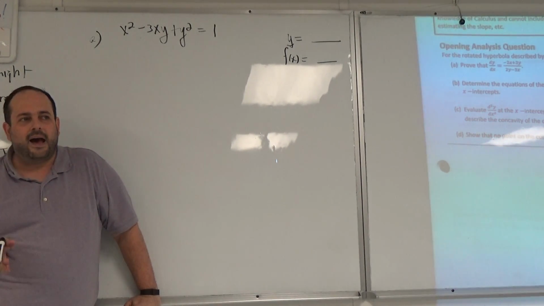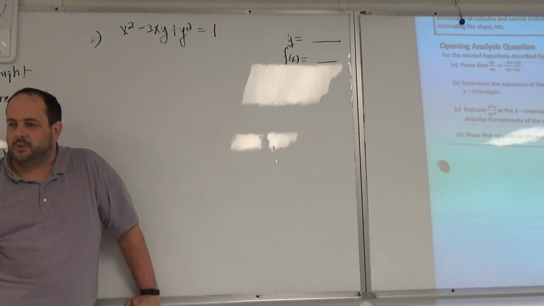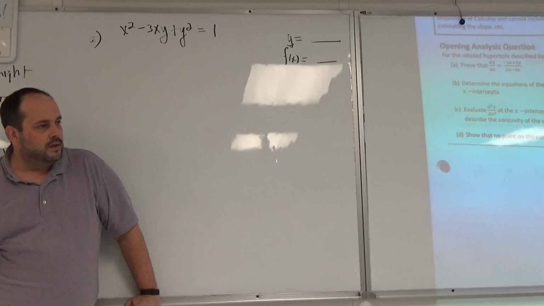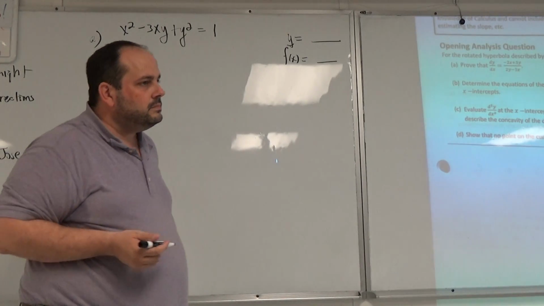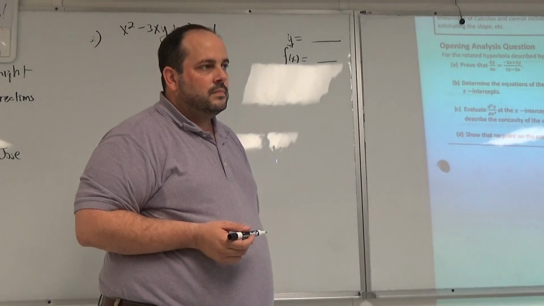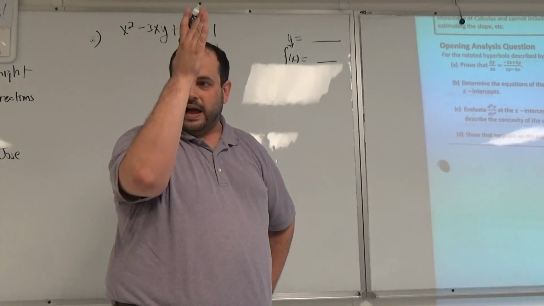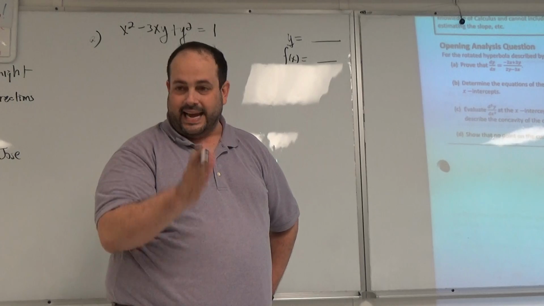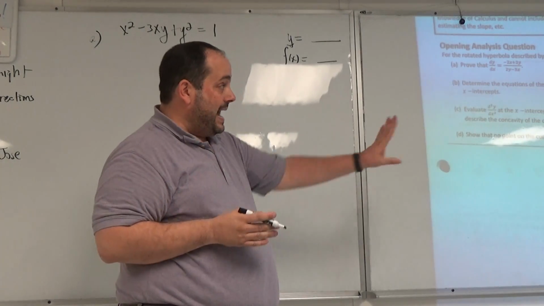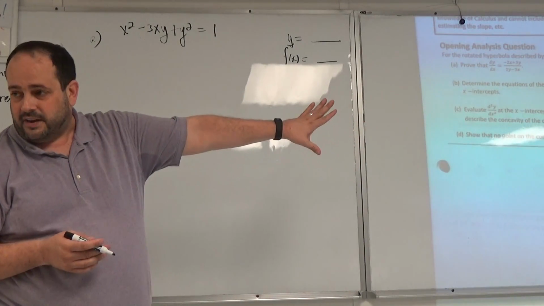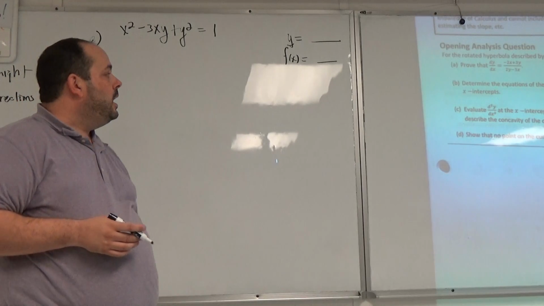Look at the graph. Why would you not use the word function with this graph? Marvin. A function has one y value for every x value. For every x value, there is no more than one y value. There's this thing that we call the vertical line test. And so I'm not going to use the word function over here. This is not a function. This is going to be a curve.